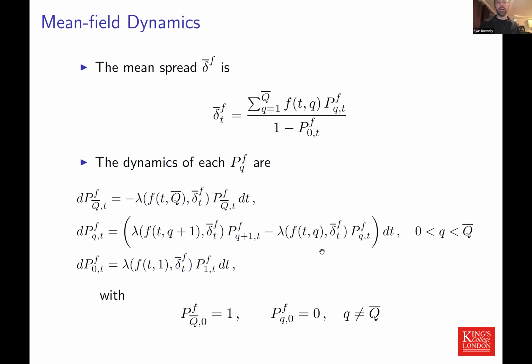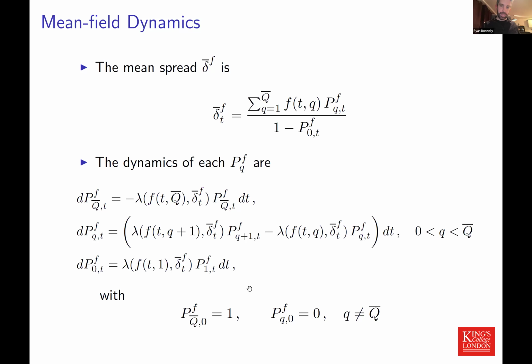So this middle equation holds for all values of Q that are non-zero and less than the initial inventory level. And this last quantity represents the rate at which agents are leaving the game. The only way you leave the game is you hold one inventory and then sell your final unit, and across the entire population, this is the rate at which that happens.